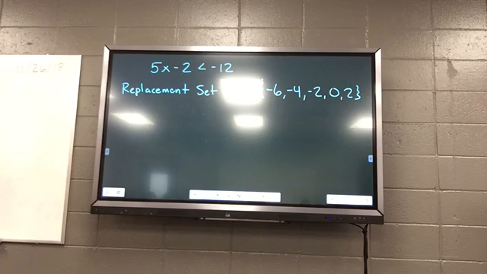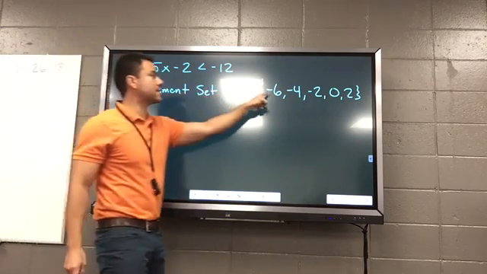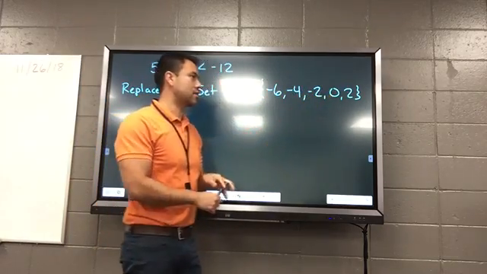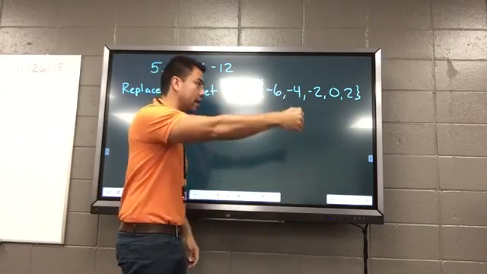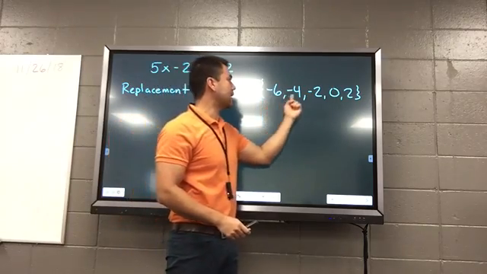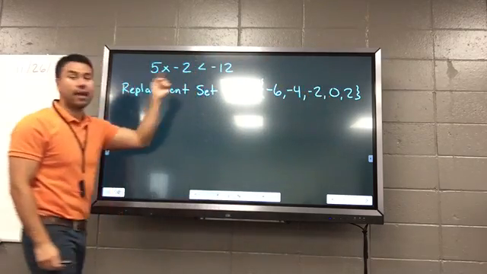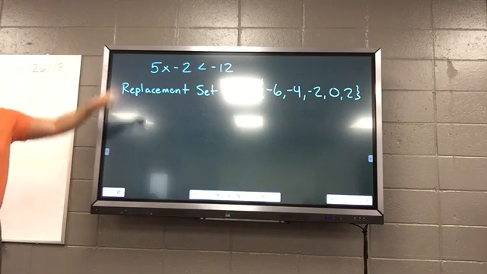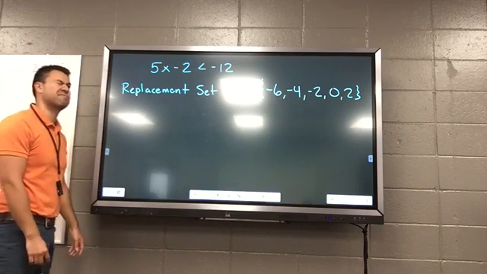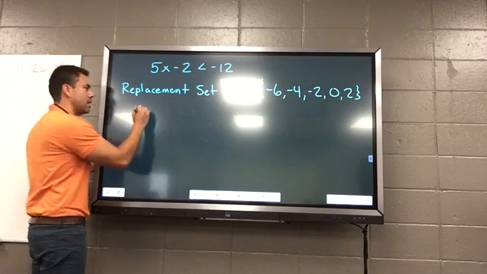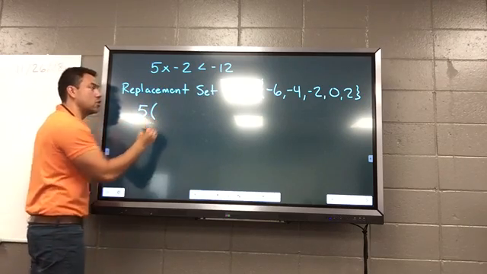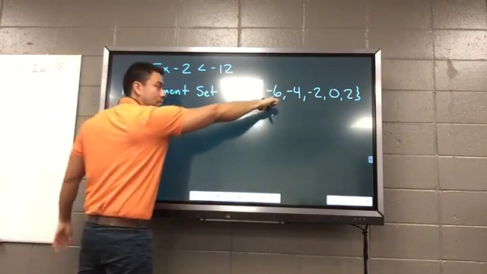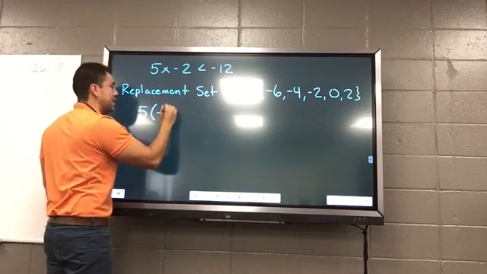You're just trying to tell me which numbers would make this inequality a true inequality. Instead of the x, what are you going to replace it with? You're going to start with replacing it with negative 6.